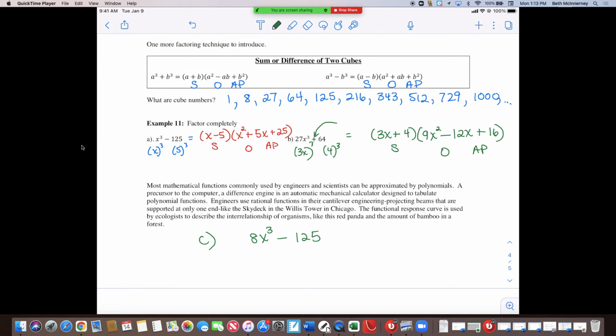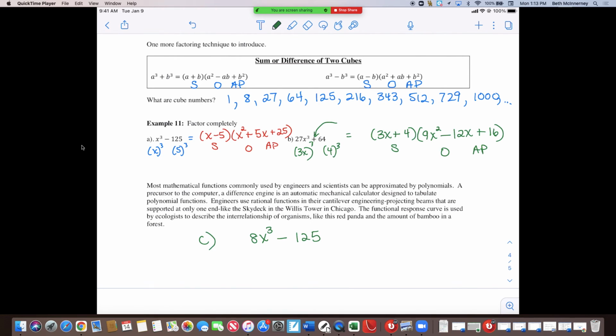While you're doing that, I'm going to read off the final paragraph here. Most mathematical functions commonly used by engineers and scientists can be approximated by polynomials. A precursor to the computer, a difference engine is an automatic mechanical calculator designed to tabulate polynomial functions.